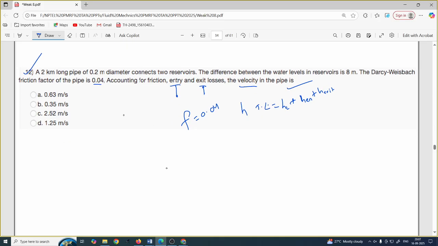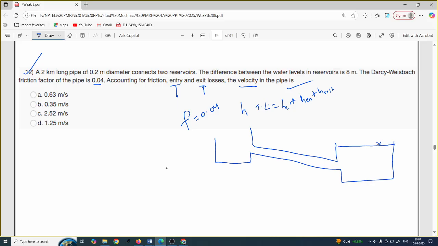So in the question you have a 2 kilometer long pipe of diameter 0.2 connecting two reservoirs. Let us suppose one reservoir is here, another is here. The water level is this much, and the difference between the water levels in the reservoirs is given already, 8 meter.